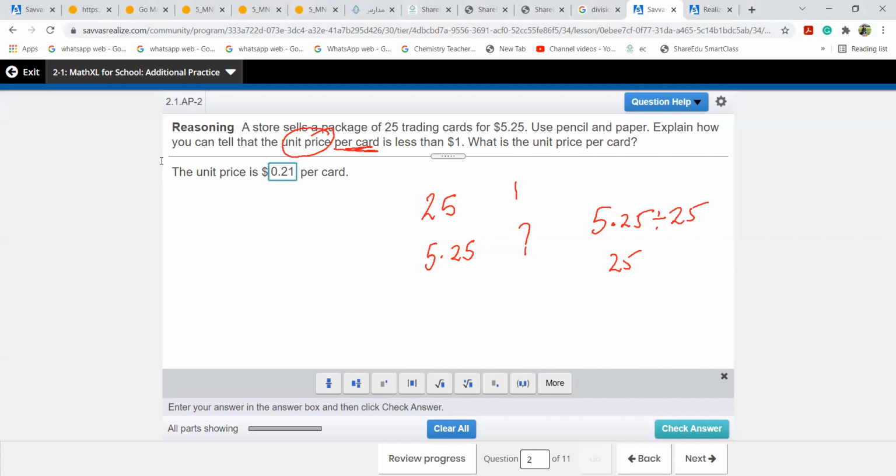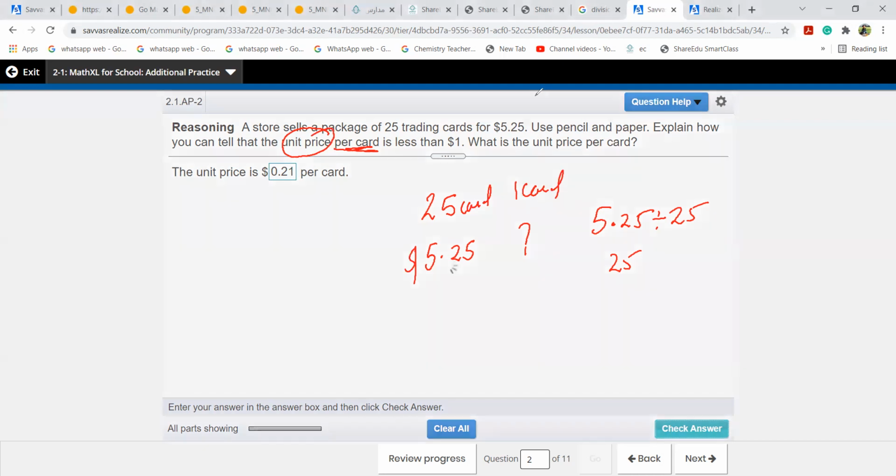They ask you the unit price, per card. That's why if you write it, it's better. 25 cards is $5.25 and they ask the unit price of one card. So one card is how much? I got 0.21. I divided this. That's the trick: read the question properly and do it.